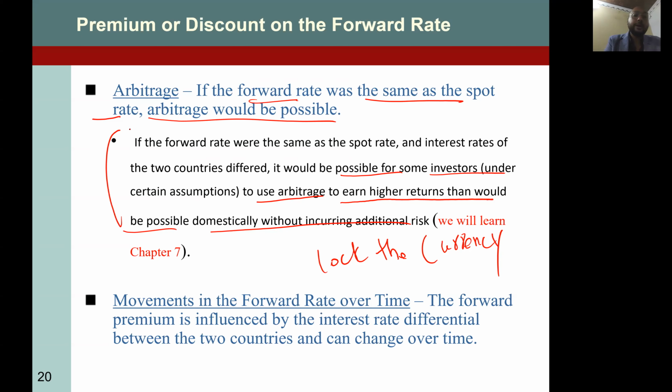In this case, you are making profit on interest rates, not just on currency. You can also make an arbitrage on currency, but you can also make arbitrage on interest rate. Because spot and forward rates are the same, you go into a forward contract and you take the money and save it with the bank.